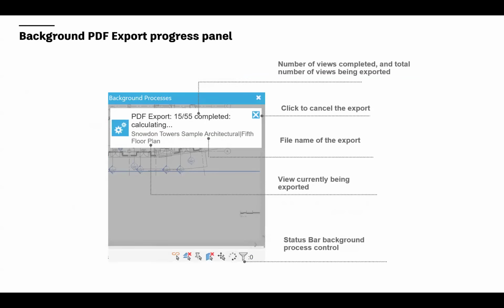There is also a background PDF export progress panel that appears in the right lower corner of Revit window. There is an ability to cancel the background export from there, and it gives a progress of the export that users could see during the export being executed.